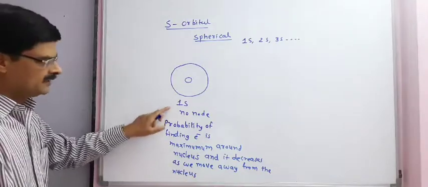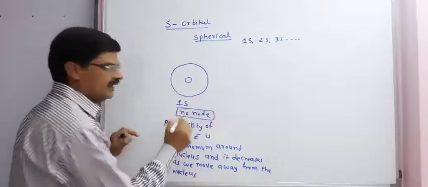So this is about 1s. So there is no node present in 1s orbital.